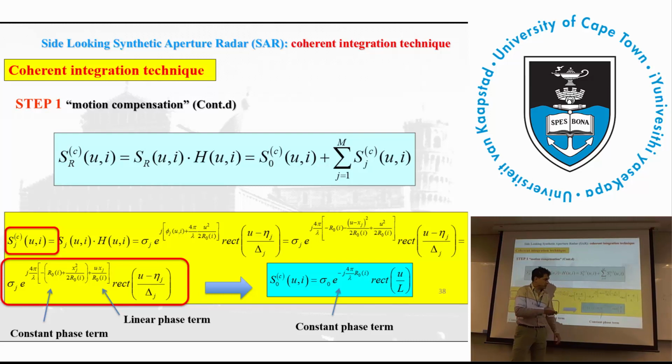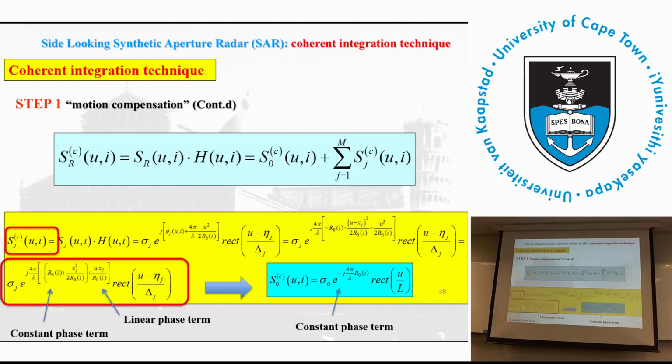This phase changes with range, but when I fix a particular range cell, it is a simple phase term, which is the phase I would expect to receive simply because my target sits at a given distance from the radar. Now I can see that this signal contains exactly the information that I need. If I take the absolute value of this, I actually obtain sigma 0, which is what I want.